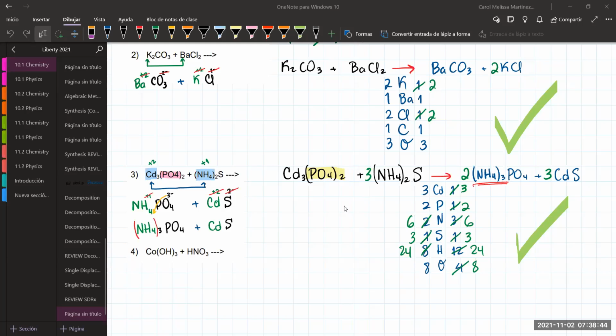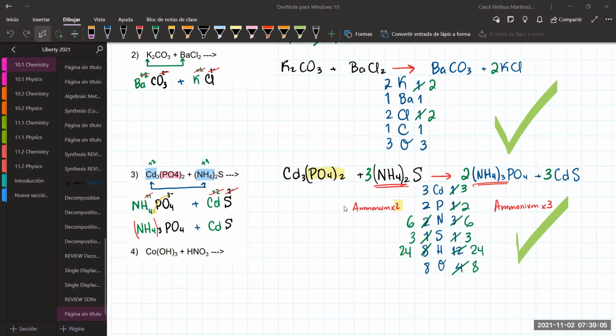Now this part is a little bit more complex because I have an ammonium and 3 on the other side. Okay. And here I have ammonium times 2. So what I do is I crisscross the coefficients.